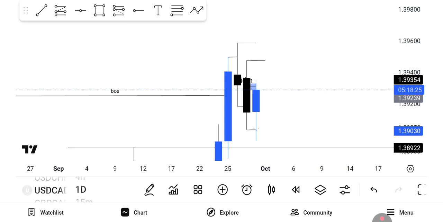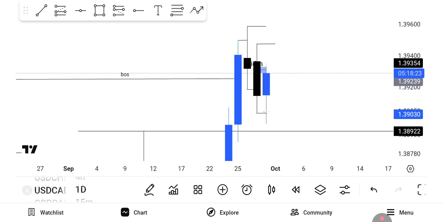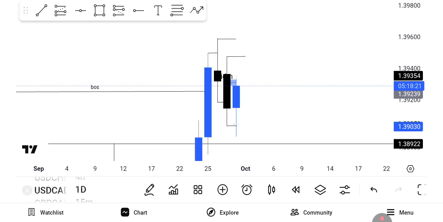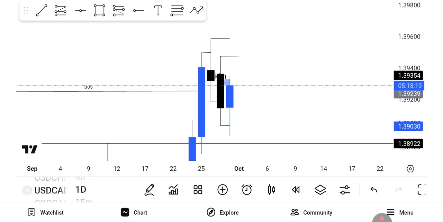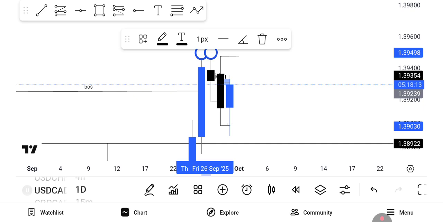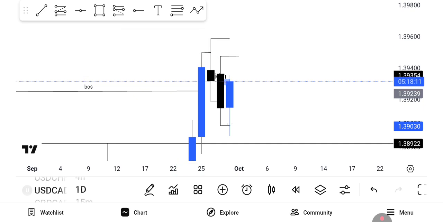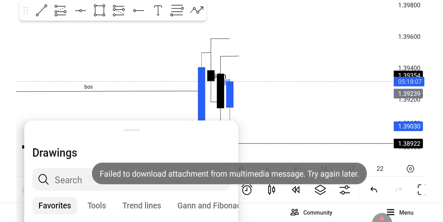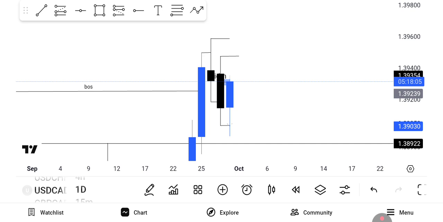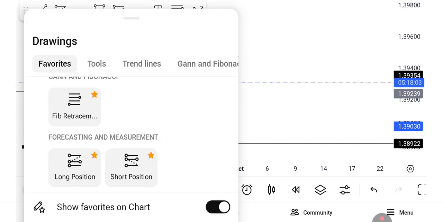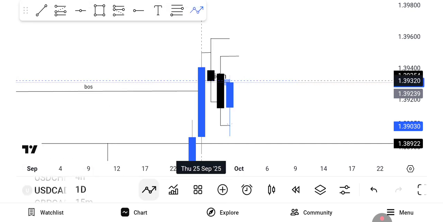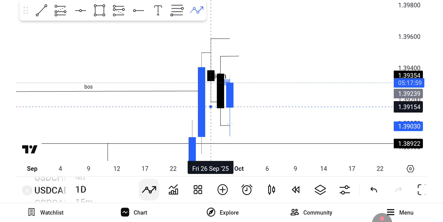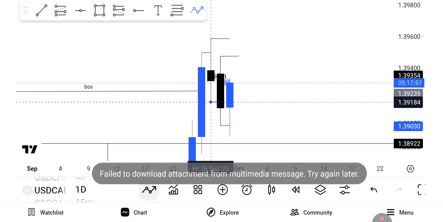So on this daily chart here, what I did, I made my high to a low, but previously this high here was taken out. So instead, this market should have taken what? This high.